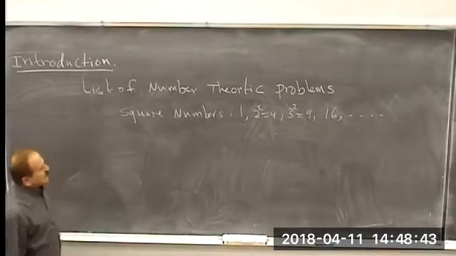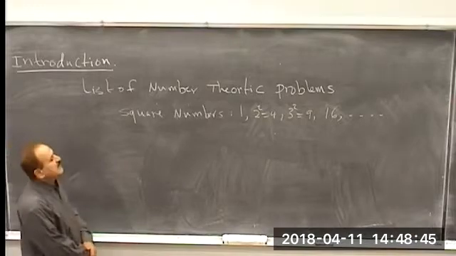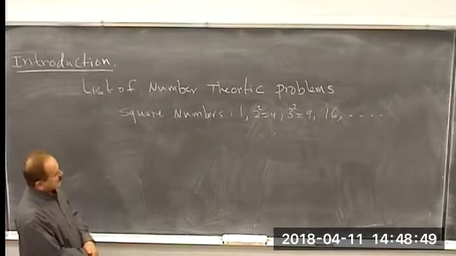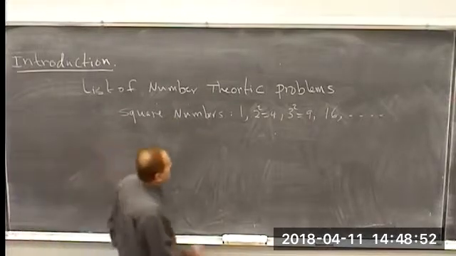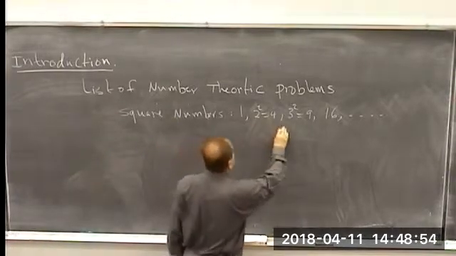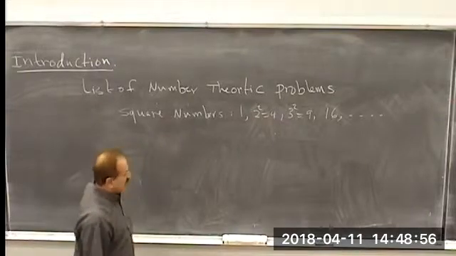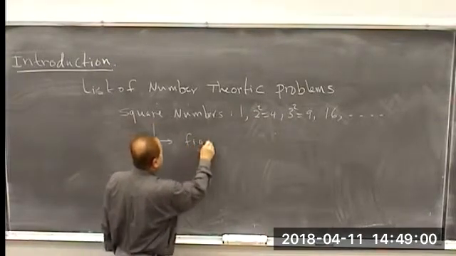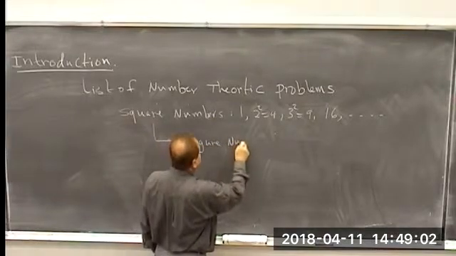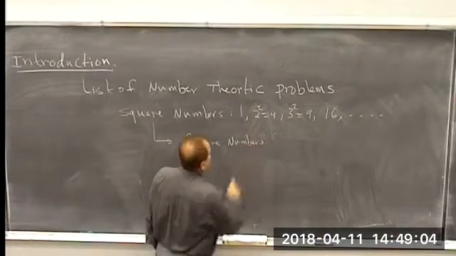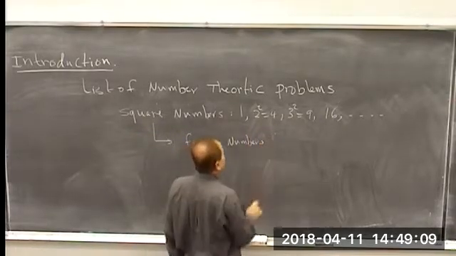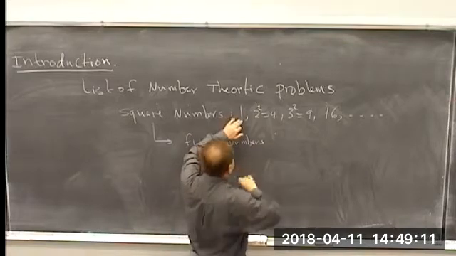And these numbers we can represent by using dots on the board or a piece of paper. And we call these figure numbers. So we can think of square numbers as figure numbers. In this sense, we represent each number by dots to make up a square.